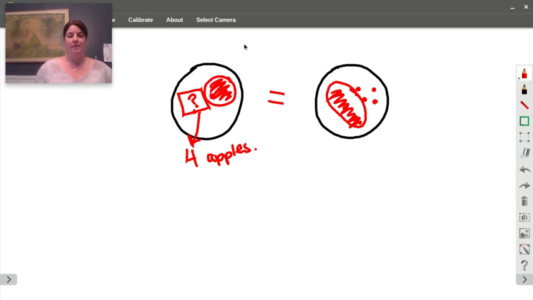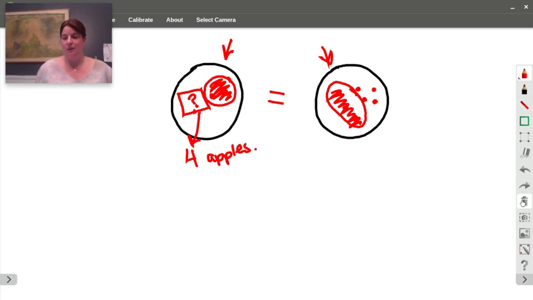We are worried about maintaining the equivalency, maintaining this perfect balance between what's on this side of the equal sign and what's on this side, keeping them the same. So as we are solving equations, all we're doing is maintaining that balance between the left side and the right side of the equal sign.